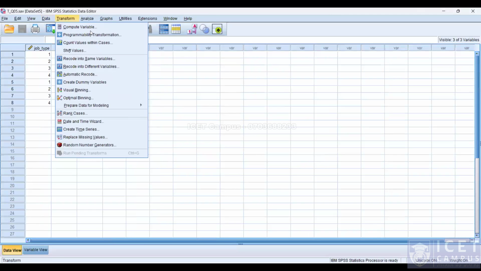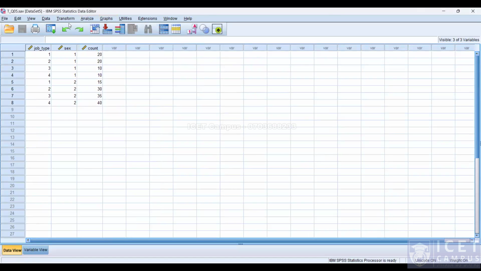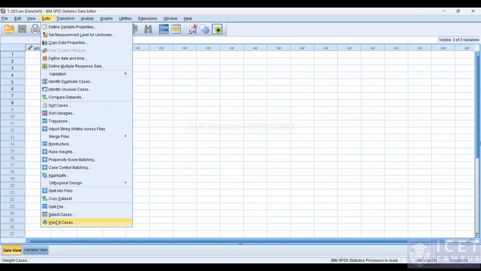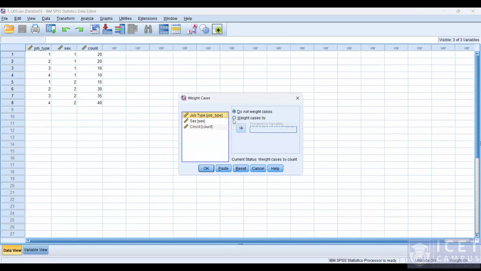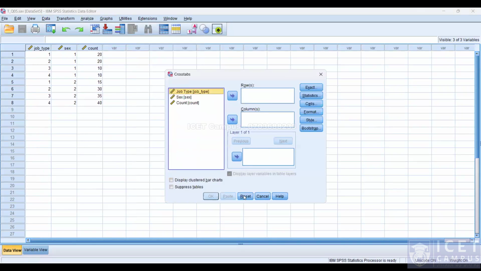Before that, we have to weight this. Go to Data, Weight Cases, weight according to count. That is the first thing you have to do. Then go to Analyze, Descriptive Statistics, Crosstabs.